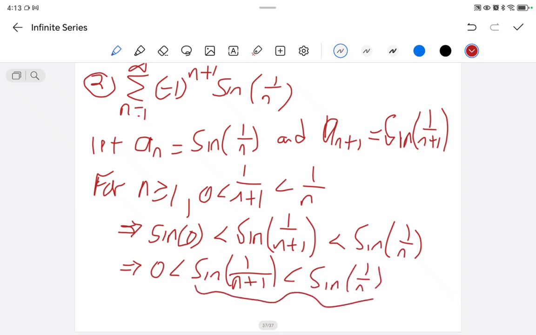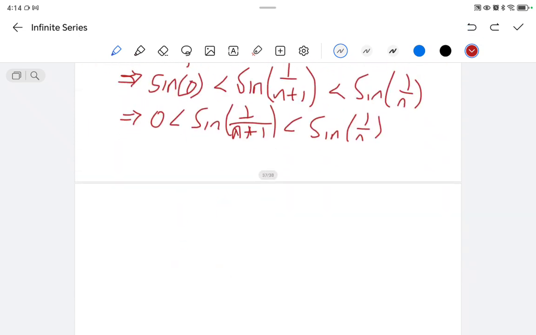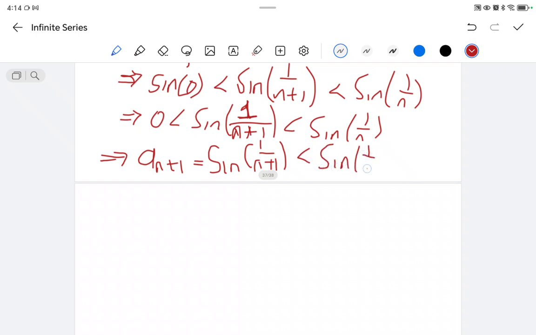This now implies that a of n plus 1 is equal to sine of 1 over n plus 1, and this is less than sine of 1 over n, which is equal to a of n.